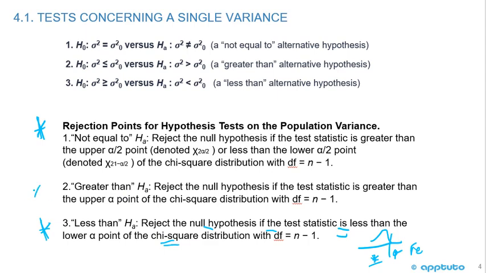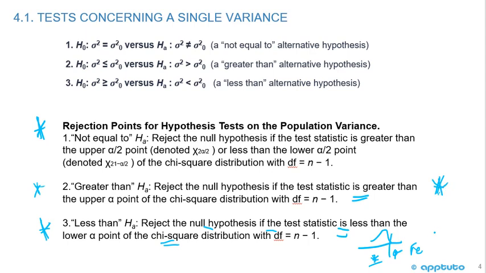For a greater than hypothesis, we reject the null if the test statistic is greater than the upper point. And for a not equal, we reject the null hypothesis if the test statistic is greater than or less than the critical values of the chi-squared, okay? So that's a little bit different.